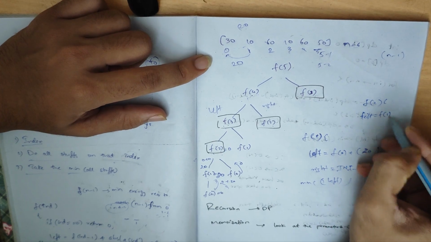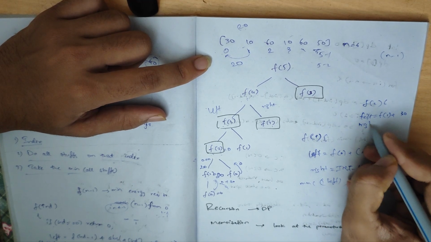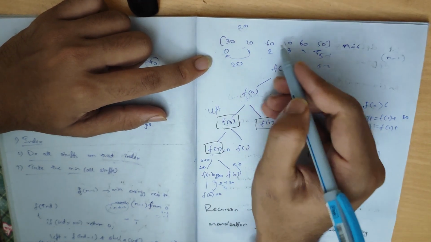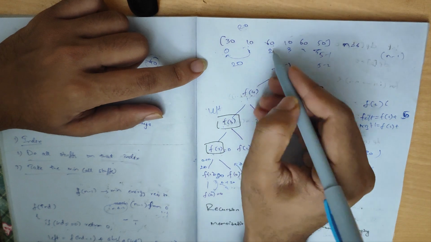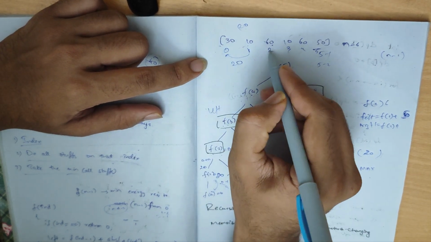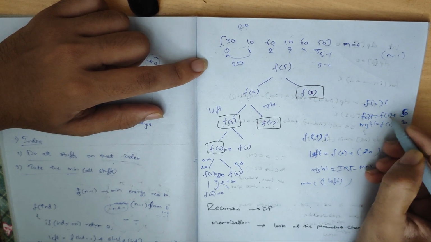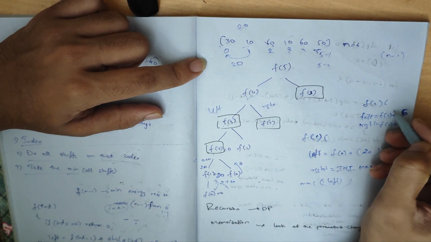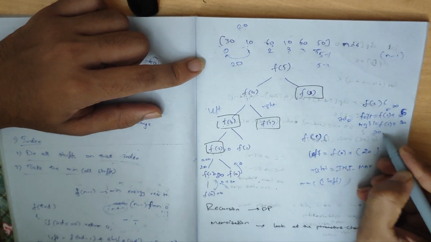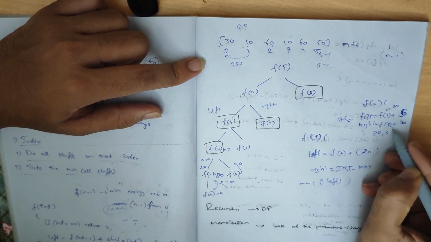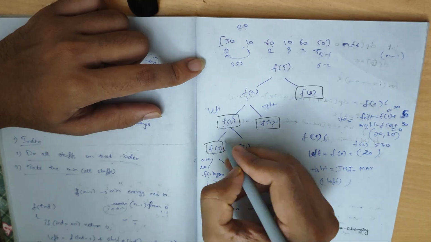Left is equal to f of 1 plus the difference, which is 30, and for right, f of 1 plus the difference between 60 minus 10 is 50, and from the second index to the 0 index, this is 30, and we know the f of 1 value is 20, so it is equal to 70. Among 70 and 30, it is f of 0, and f of 0 is 0, so 30. Among 70 and 30, the lowest is 30, so the f of 2 value is 30.